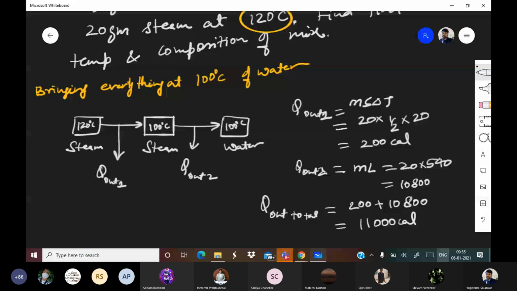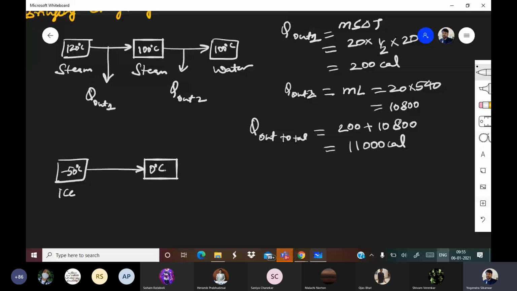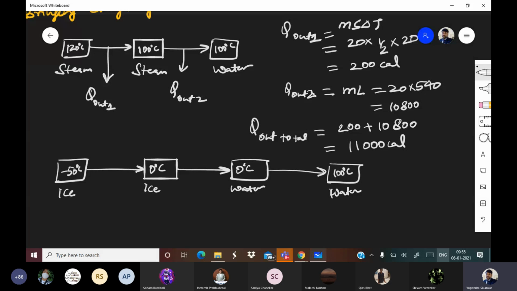You bring ice at -50 degrees Celsius to 0 degrees Celsius, then melt it into water at 0 degrees Celsius, then heat it to 100 degrees Celsius. In all these processes we have to give heat: Q in 1, Q in 2, Q in 3.